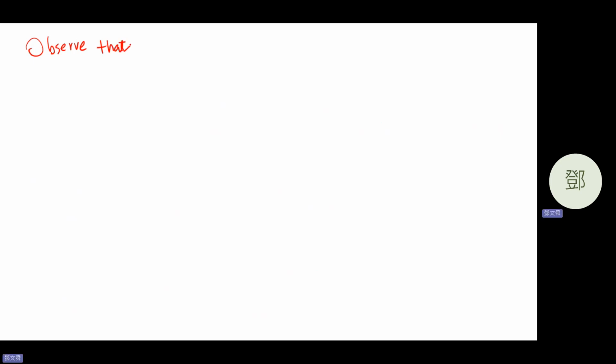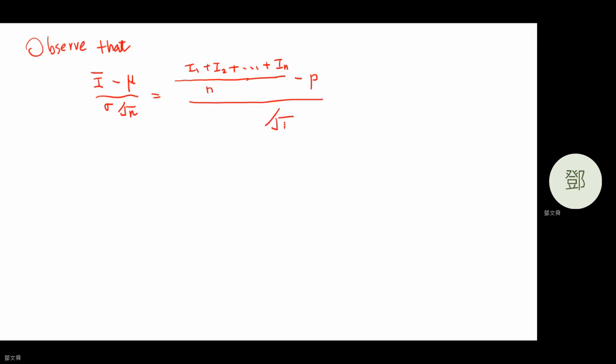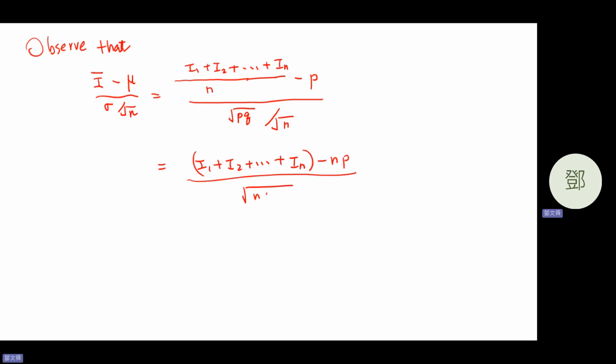Observe that I bar minus mu divided by the square root of n sigma equals I1 plus I2 plus all the way to IN minus np, divided by the square root of npq, which is very close to the normal distribution.